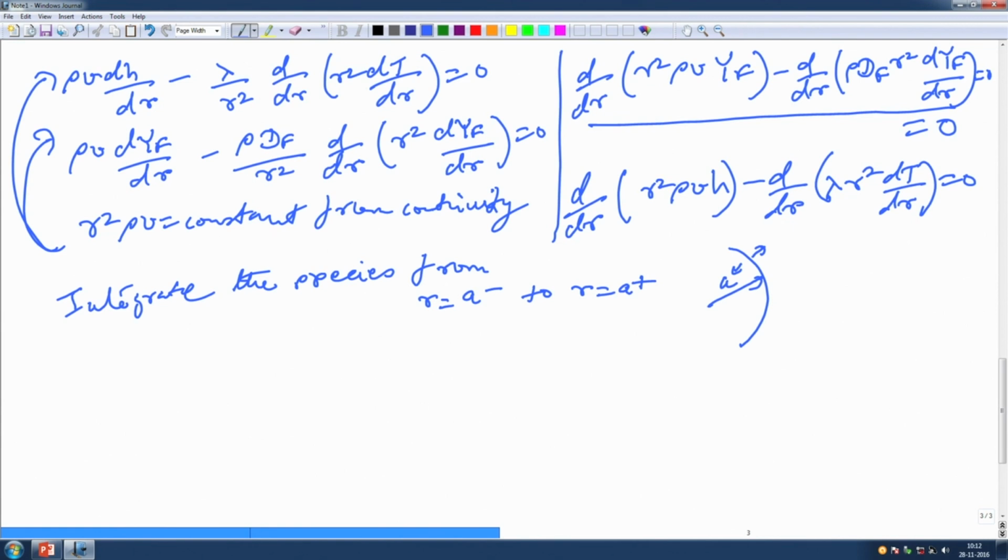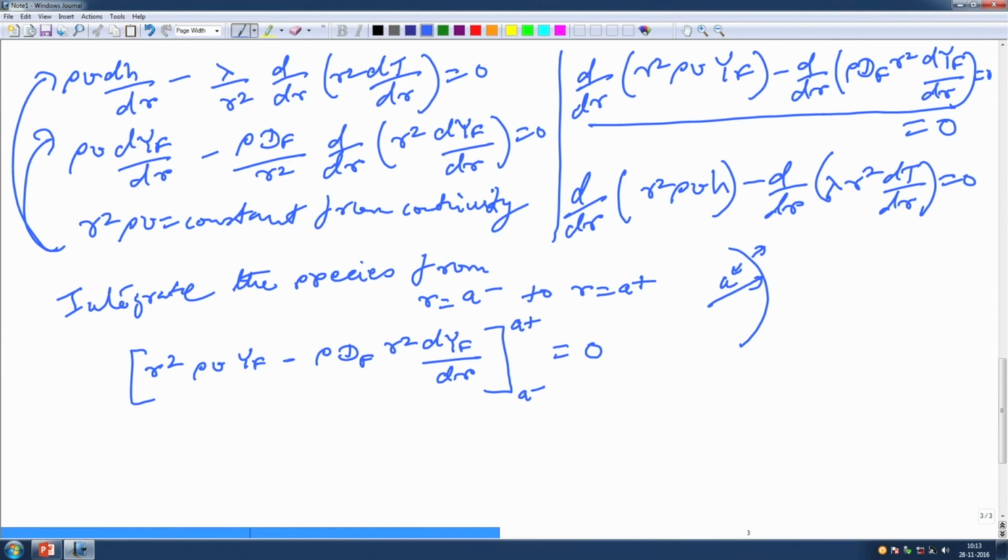So, after integration what we get is, it is a definite integral. We are integrating it from a minus to a plus, and that is equal to 0.